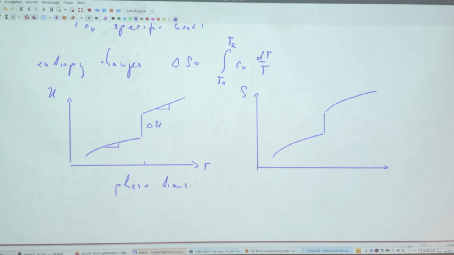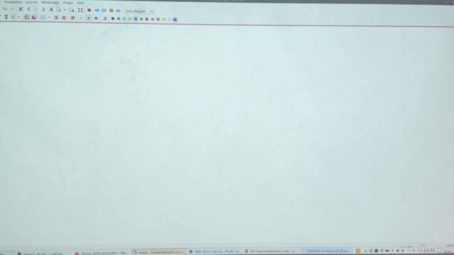I came to, what is it, 15, I can't read my own letters here, millijoule per Kelvin or so. At least it's positive.